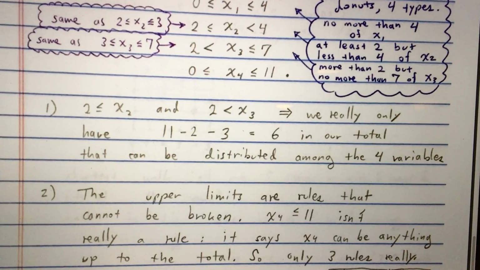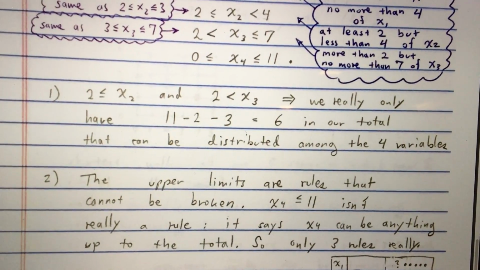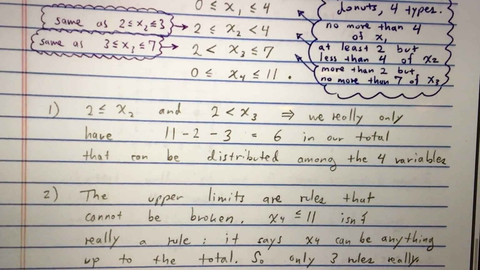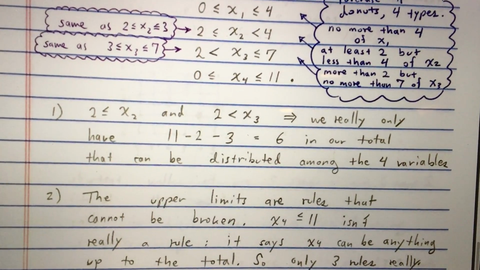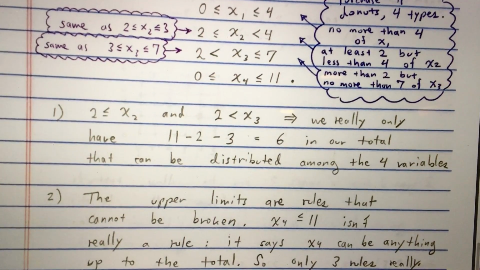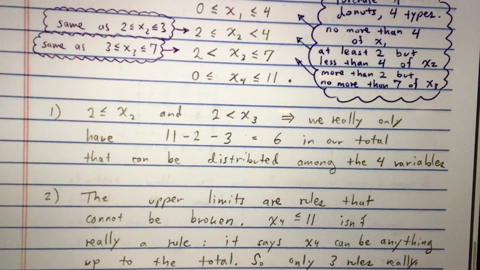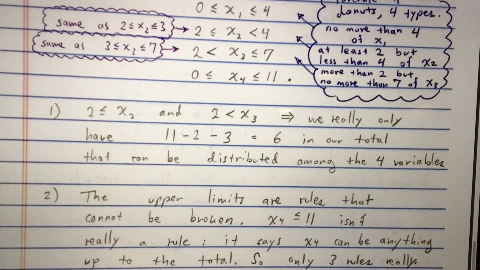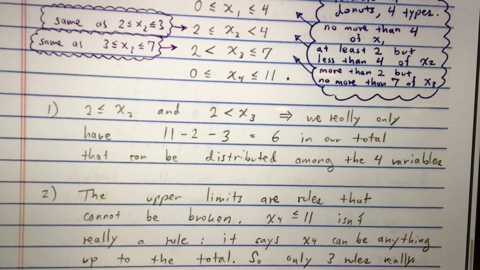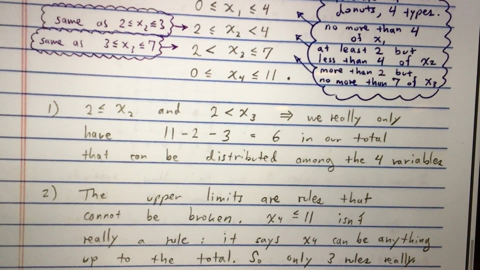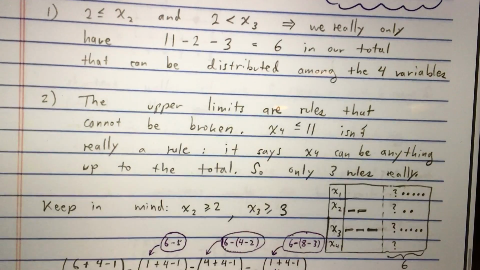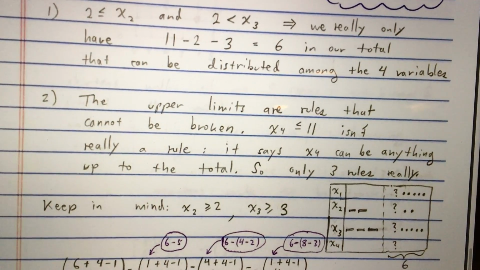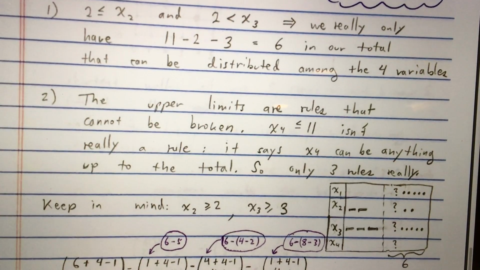The second step to notice is that the upper limits are each rules that cannot be broken. Now, I'd already mentioned before that x4 less than or equal to 11 isn't really a rule because the total is 11, so it just means that x4 can be anything up to the total. So we only have 3 rules really, and we pictured them here. We have to keep in mind the lower limits, x2 greater than or equal to 2 and x3 greater than or equal to 3.